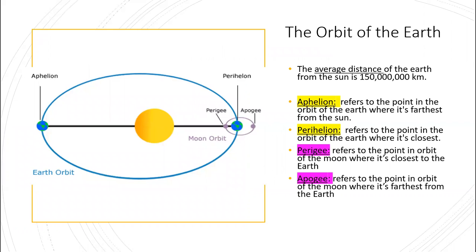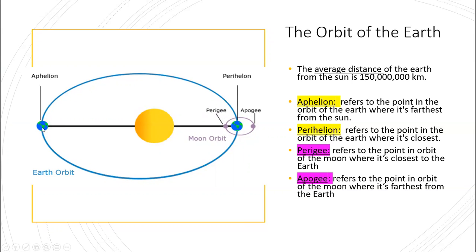Now, in the orbit, there are different things that you have to know. The average distance of the Earth from the sun is about 150 million kilometers. So the average, why? Because it's not absolutely round. We don't go around the sun in a perfect circle. It's more like an oval.